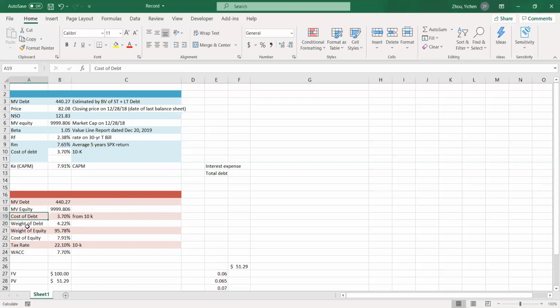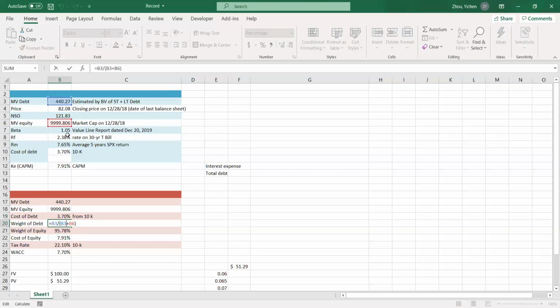And then we want to find out the weight of debt and the weight of equity. This is basically the capital structure of the company. So you use the market value of debt divided by the total capital of the company. So you could find out the weight of debt, and you use 1 to subtract that number. You could find out the weight of equity.